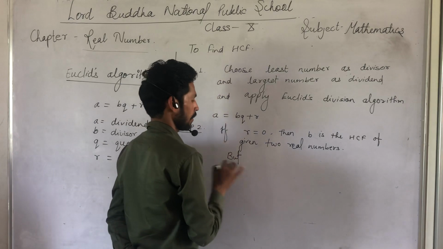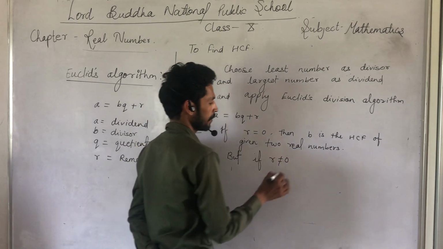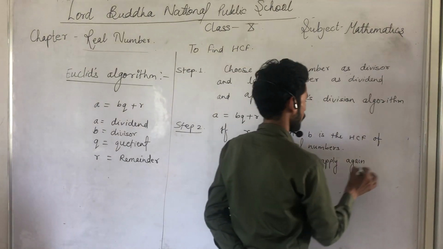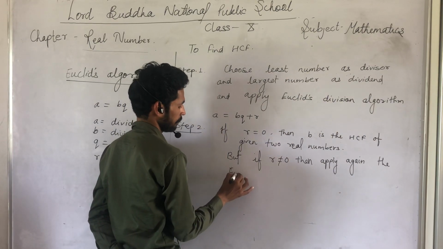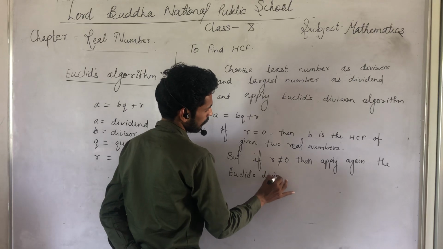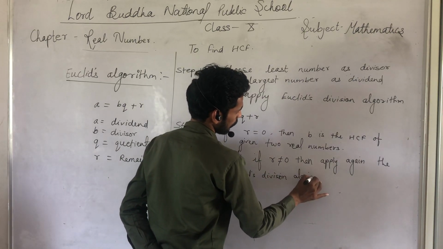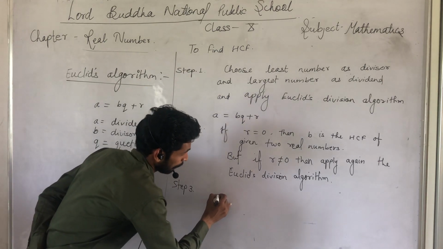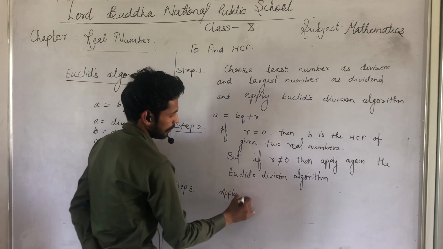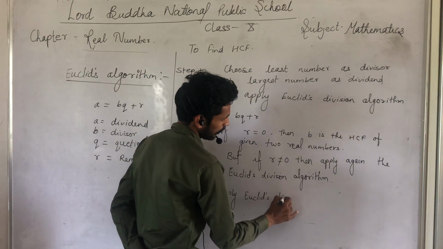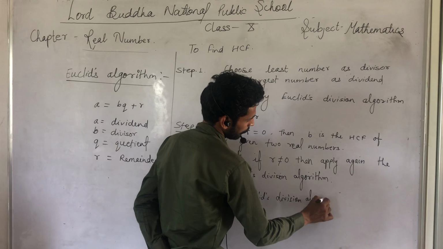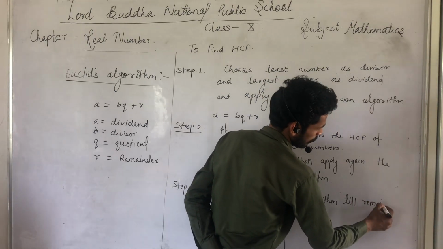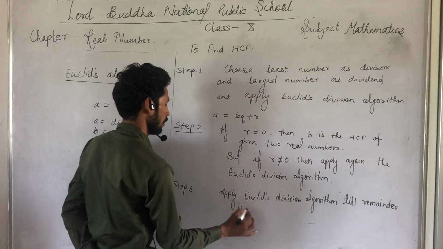But if the remainder does not equal 0, then apply Euclid's division algorithm again. Step 3: apply Euclid's division algorithm till the remainder becomes 0.